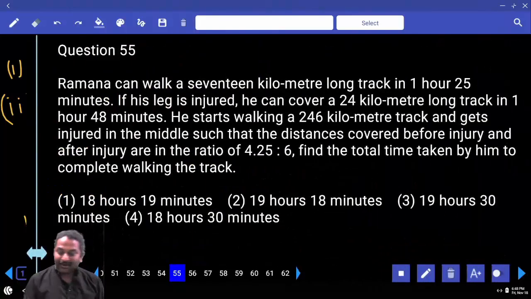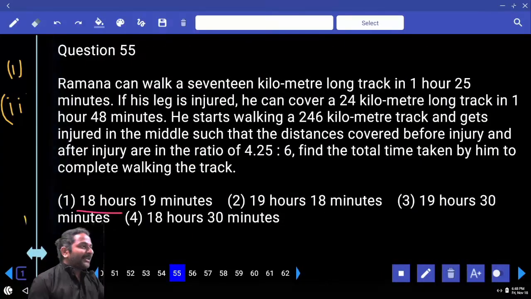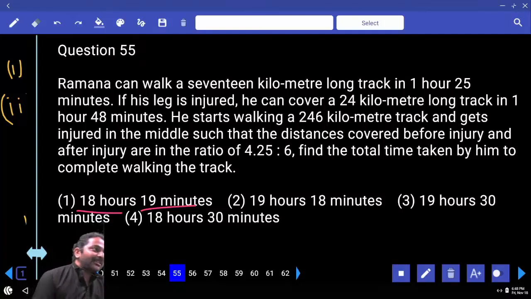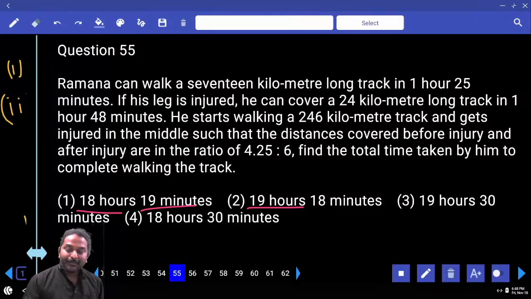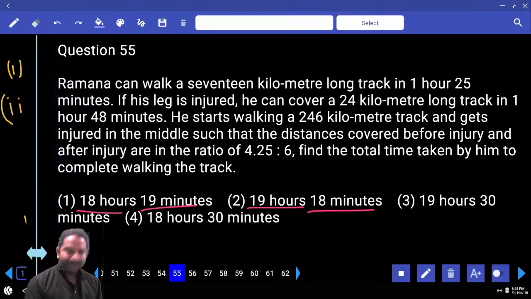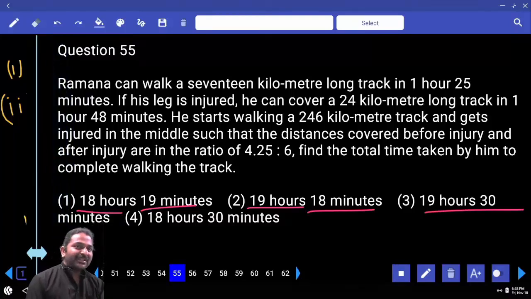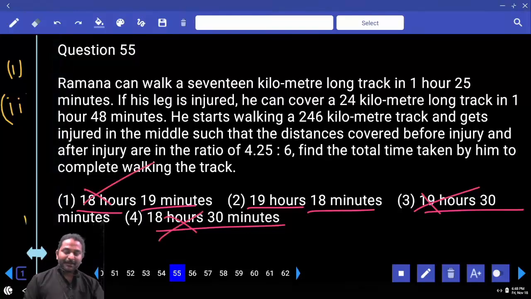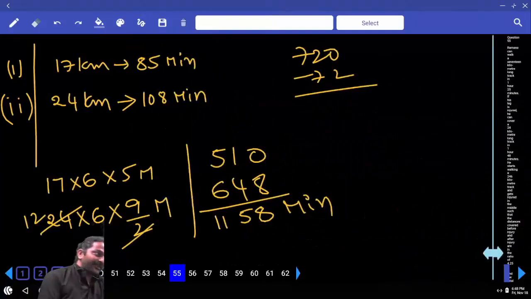Look at your options. First option, 80 into 60 ends with 0 plus 19 ends with, but our number ends with 0 plus 18 ends with, maybe your answer. 0 plus 30 ends with 0, cannot be your answer. So how many possible options are there? Only one, last digit verification, second option final.